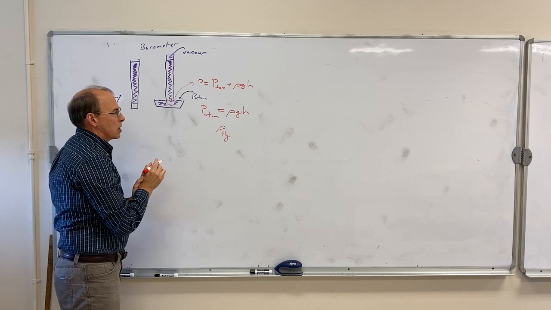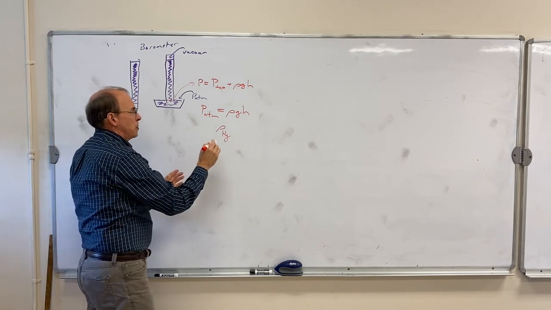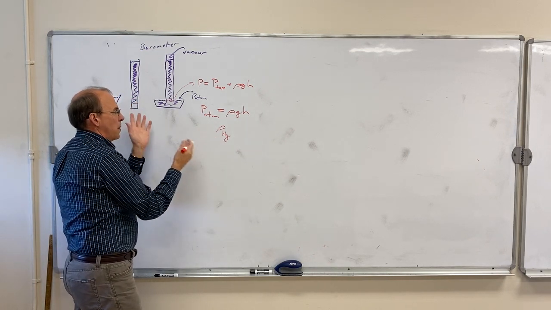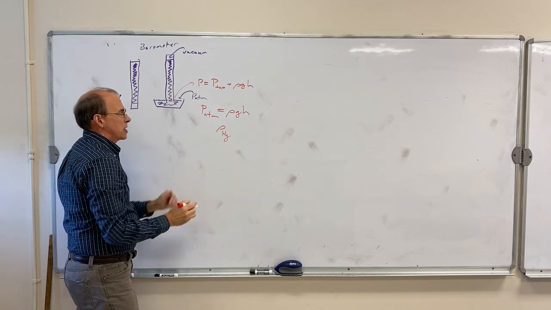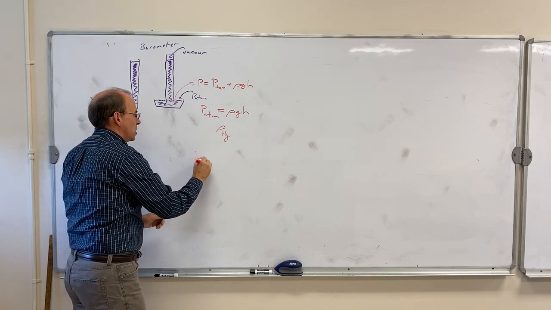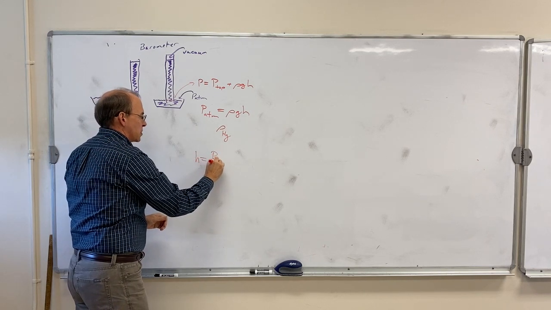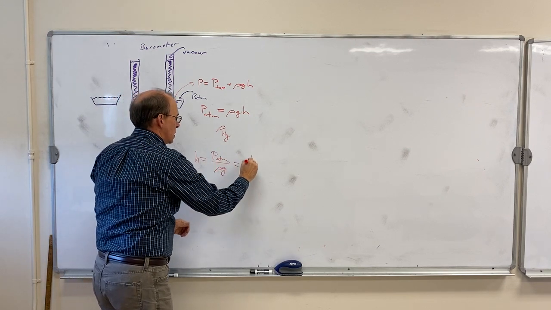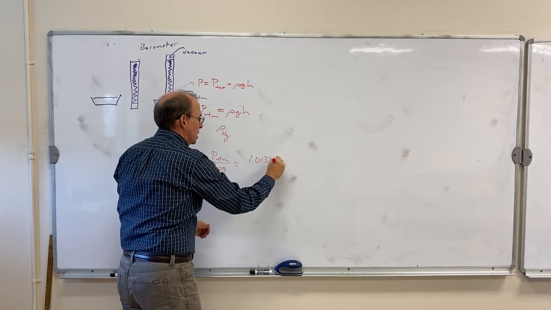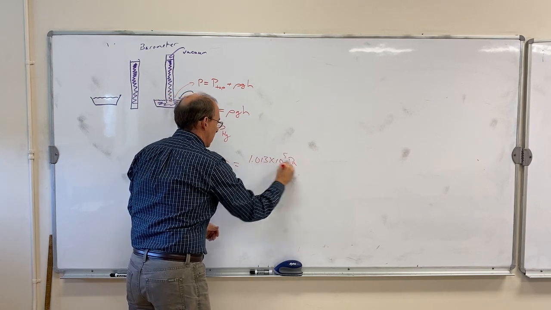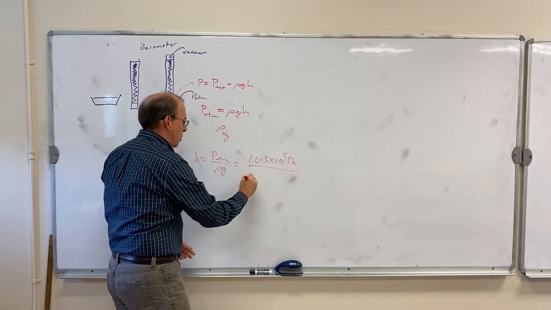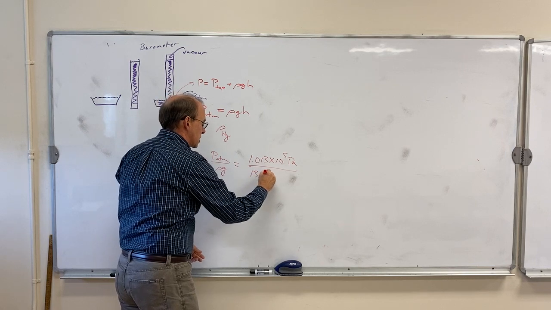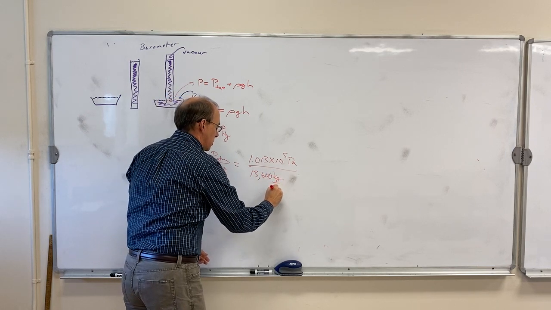So let's calculate what h would be if we want to make one of these for one standard atmosphere. So h would be P atmosphere over rho g. This is 1.013 times 10 to the 5th Pascal. The density of mercury is 13,600 kilograms per cubic meter.